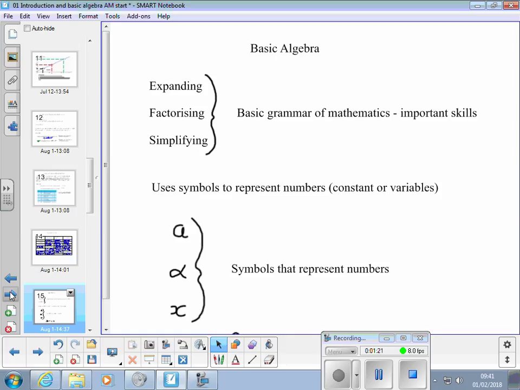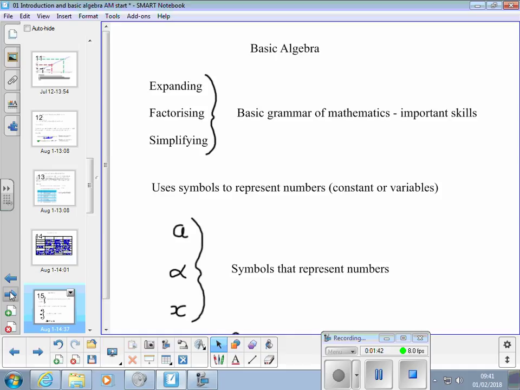Because when you do the calculus, you'll struggle if you can't deal with the algebra. Yeah, the complex numbers, algebra. Every topic involves algebra and manipulating equations, simplifying, factorizing, changing, and so on. Okay? So you need plenty of practice.